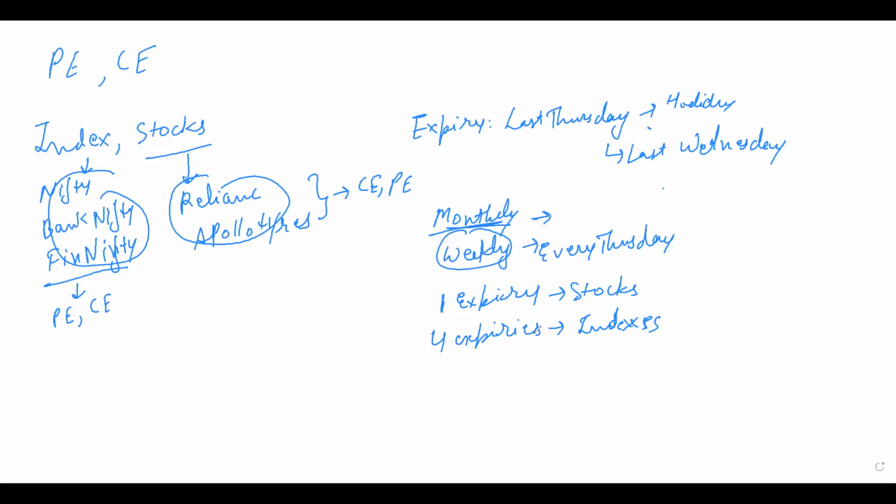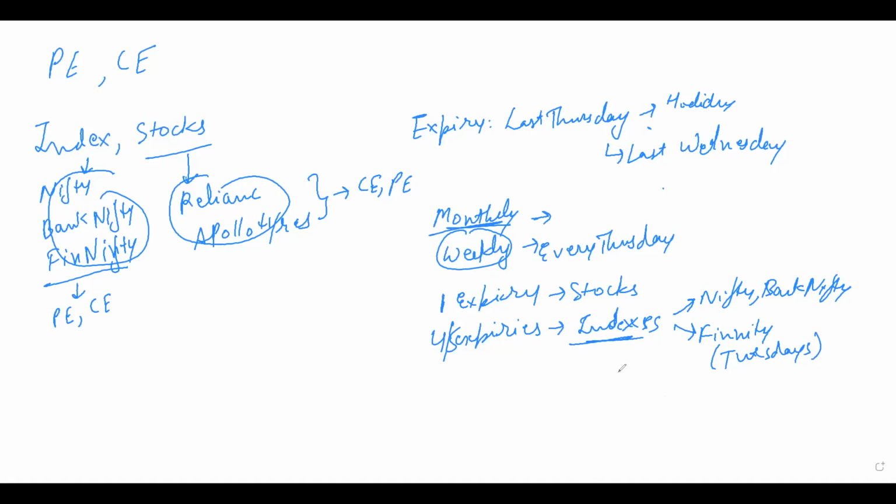Now there is a minor change here. When I talk about index options which have weekly expiry, those are basically only for Nifty and Bank Nifty. For Fin Nifty, the expiry happens on Tuesdays. So Fin Nifty has a weekly expiry, but it happens on Tuesdays.